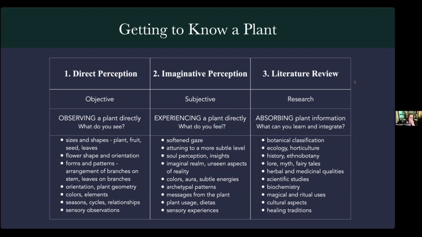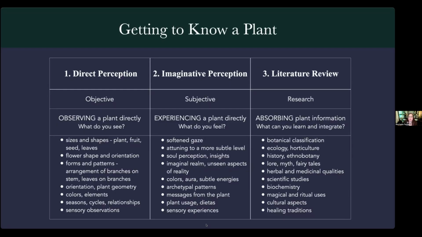So if I'm in the wild, it's not growing in my garden, and I've been observing a plant that I want to get to know better, I'm going to figure out what it is first and try not to look at anything else, but just enough research information to figure out what it is with some certainty.